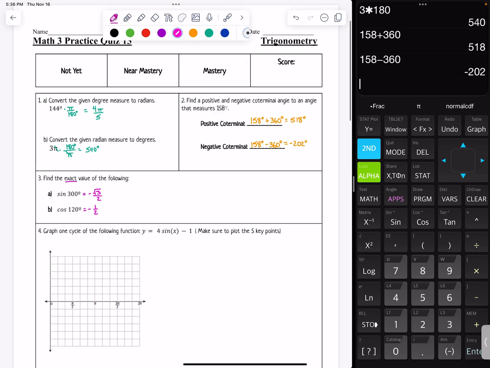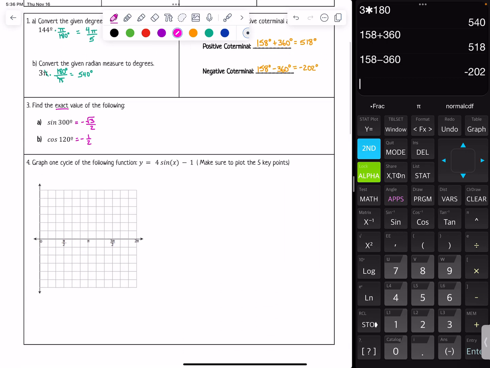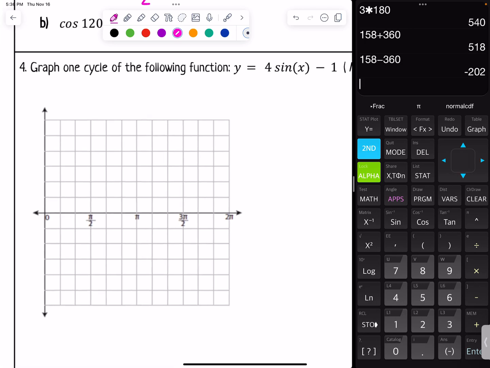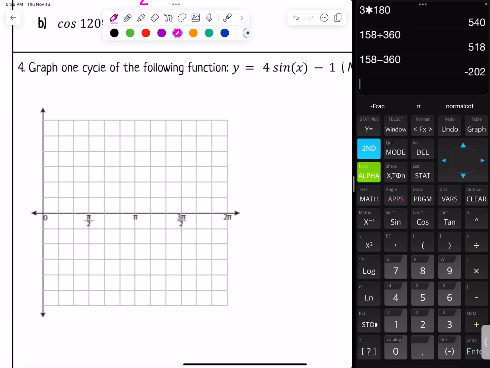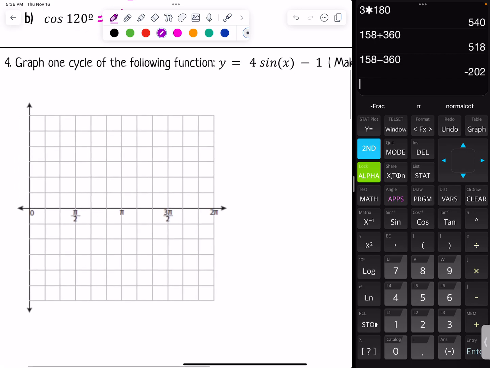Okay, so number 4 says graph one cycle of the following function. y equals 4 sine x minus 1. So we have 0, pi over 2, pi, 3 pi over 2, and 2 pi already plotted on the graph for us. We just need to get some more points. So what I'm going to do is graph the midline, and I know the midline has shifted down to negative 1.